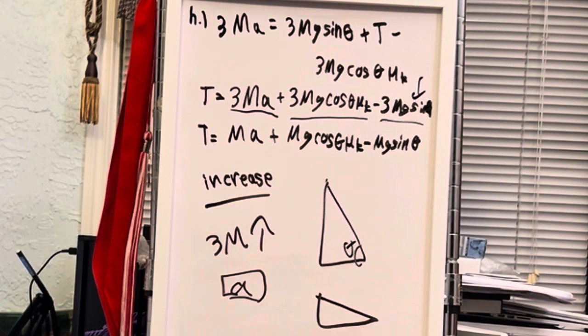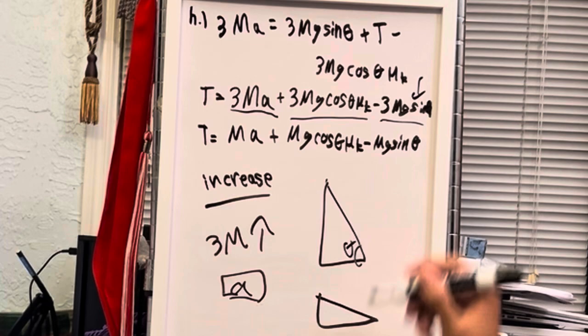To keep it at that same acceleration, you would obviously need more tension to help motivate against that friction. And that 3mg sine helping you, I believe it wouldn't grow as much, so I claim that tension will increase.